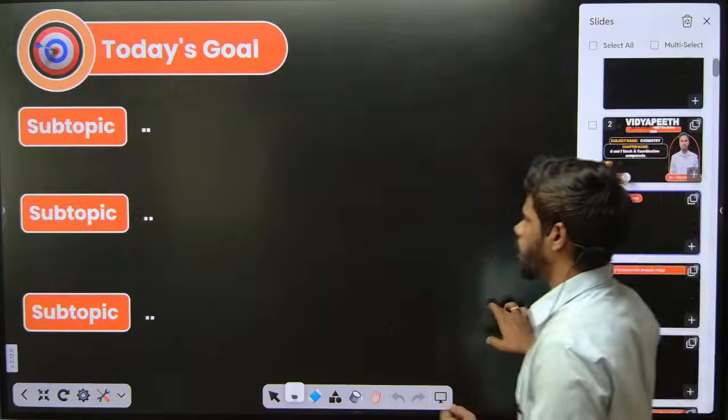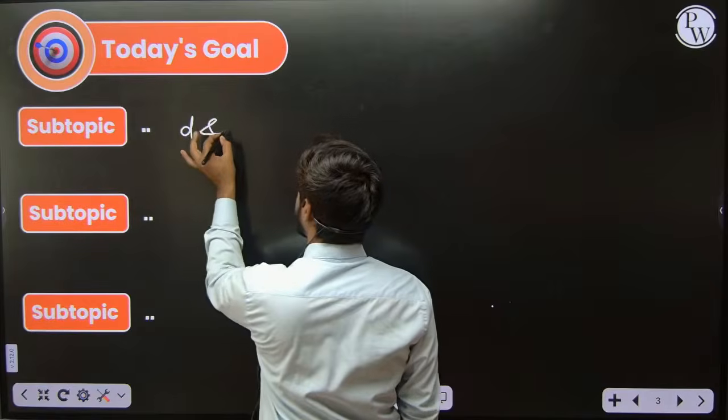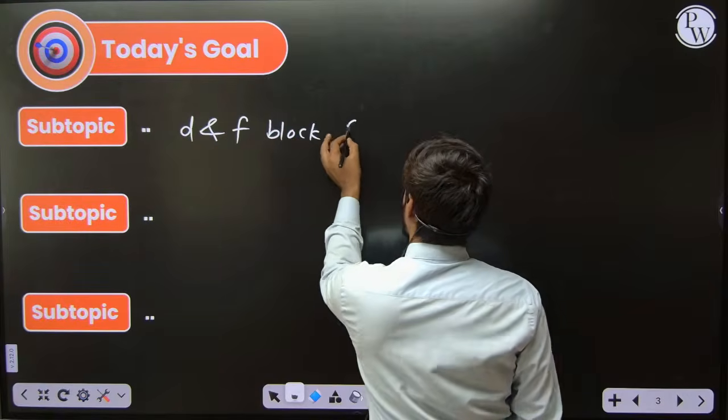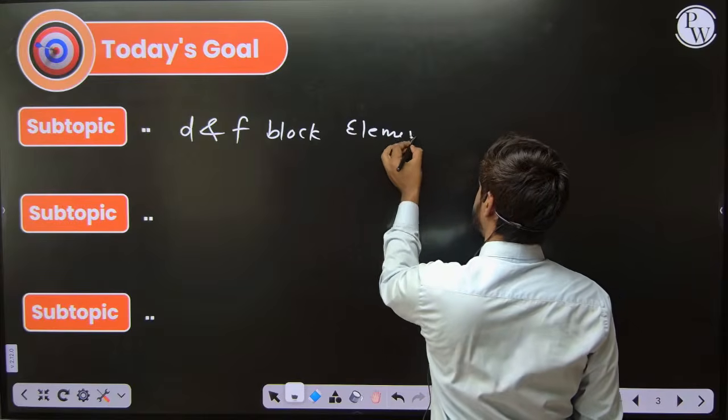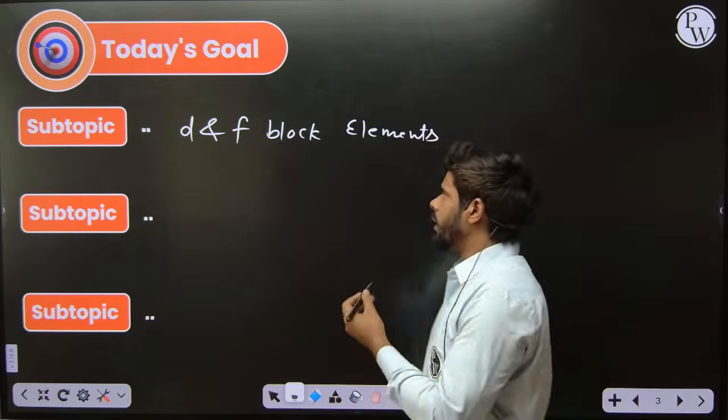Today we will study, first, D and F block elements and their properties.